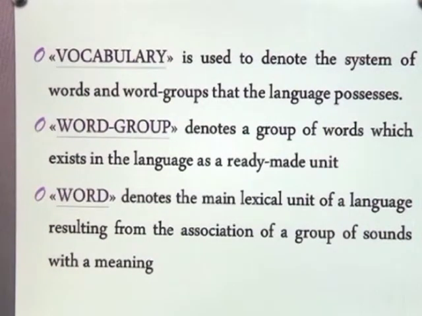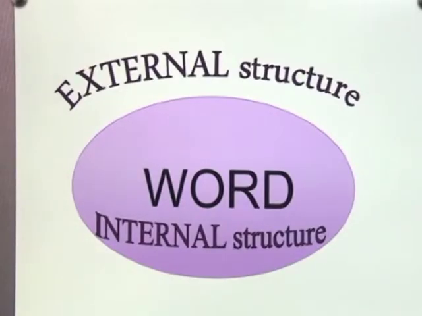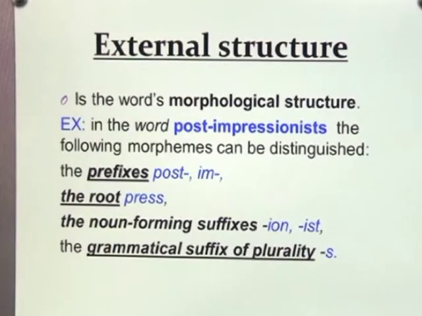As you know, the modern approach to word studies is based on distinguishing between the external and internal structure of the word. By external structure of the word, we mean morphological structure.